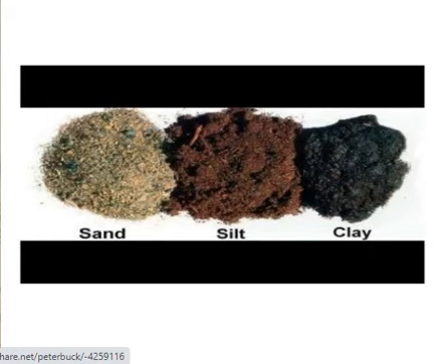Then textural class. There are four textural classes of soil: sand textural class, silt textural class, and clay textural class. In the sand textural class, there is the presence of 65 to 70% of sand particles, 35% of silt particles and 15% of clay particles.